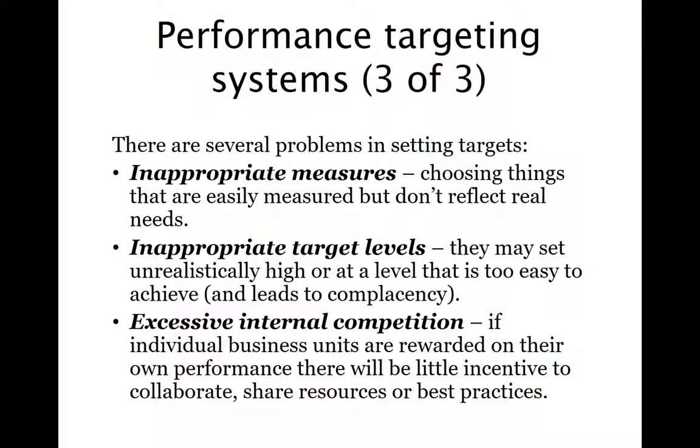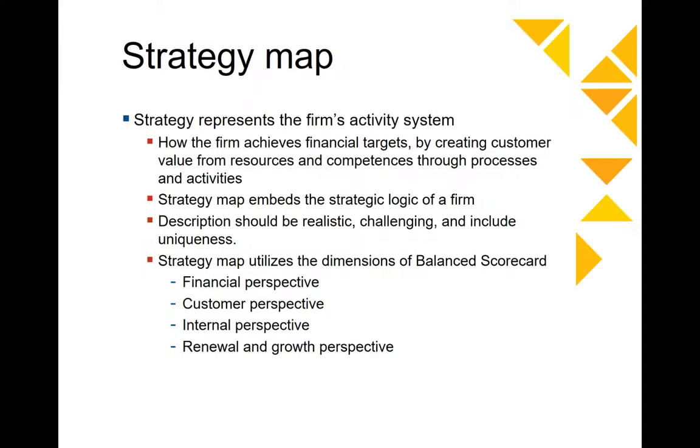And of course, what needs to be remembered is that target setting and measurement increases competition and even sub-optimization between units and teams. So that has to be remembered when setting targets. So inappropriate measures, target levels, and of course increasing internal competition.